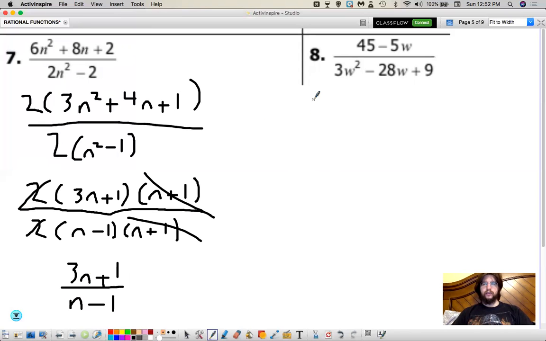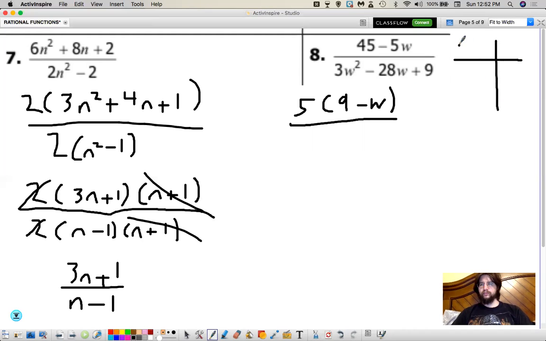All right, these both have a 5 in them. These don't have any GCF, but we can do the AC shortcut. There we go.